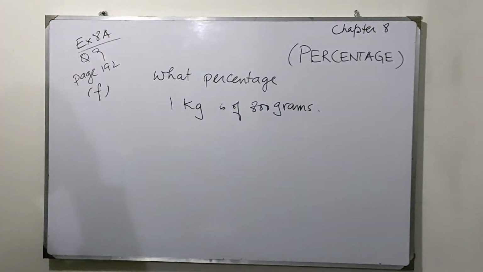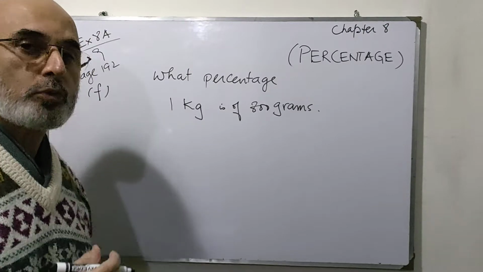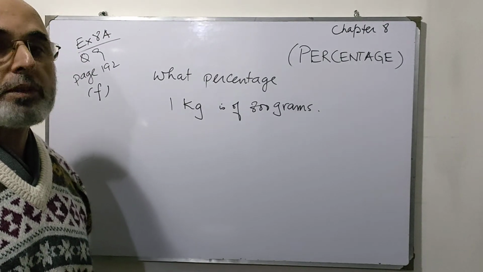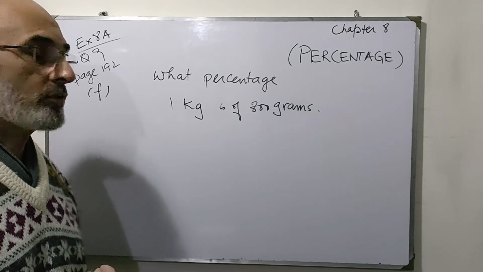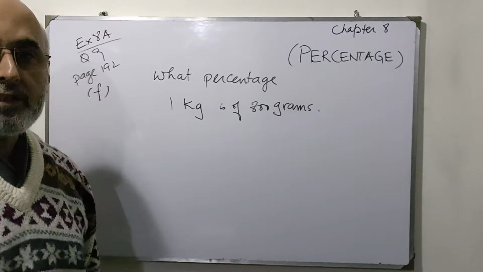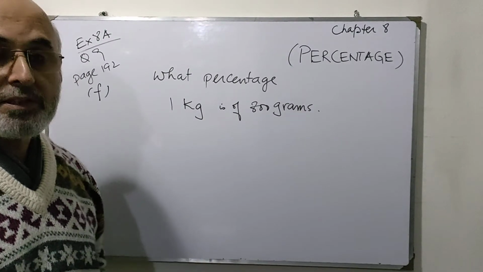So what is the percentage of 1 kg out of 800 grams? It's a reverse question. So obviously the percentage is going to be beyond 100, because 1 kg is bigger than 800 grams. But what we want to know is how much bigger it is in percentage.